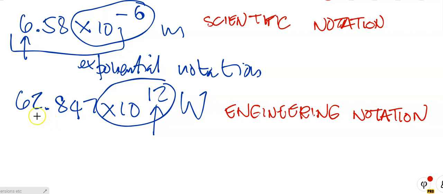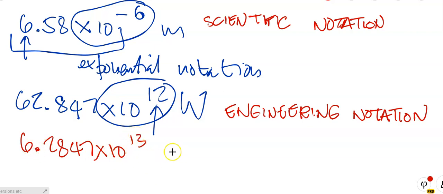So if I write this number like this, 6.2847 times 10 to the power, if I make this number smaller, I'm going to make the exponent bigger. Is that number equal to that number there? Yes, it is.